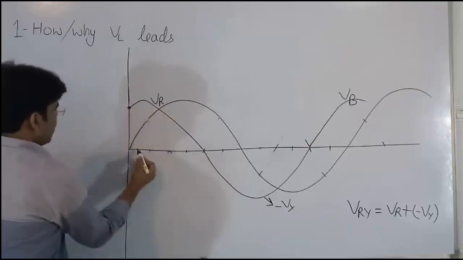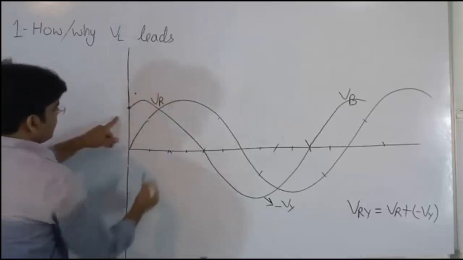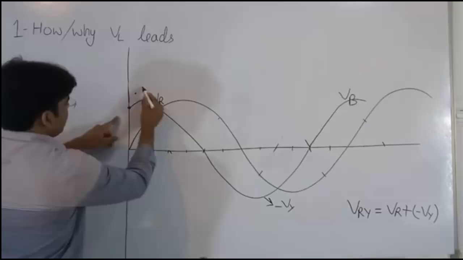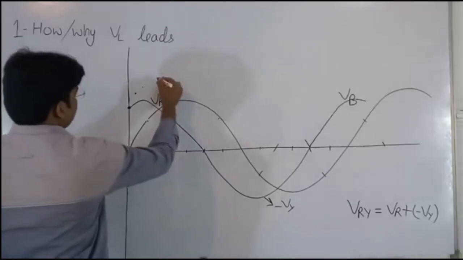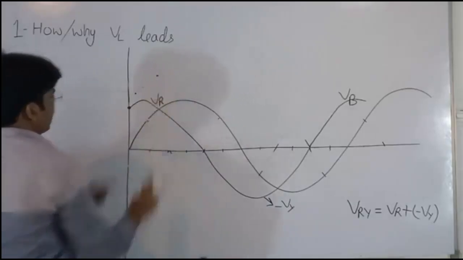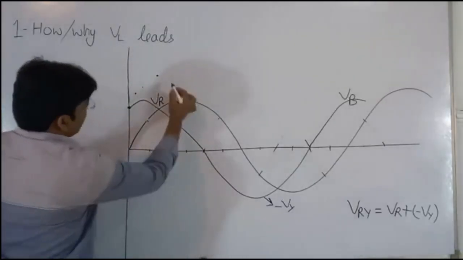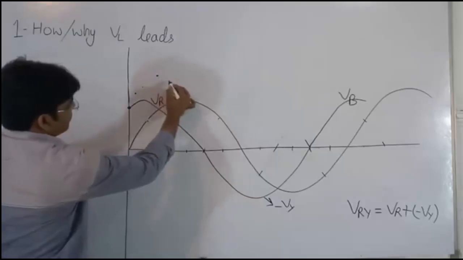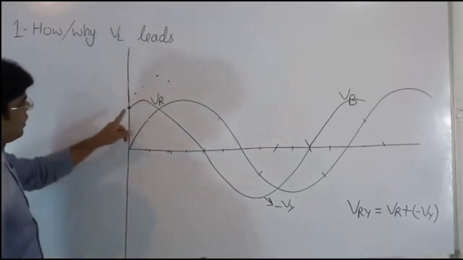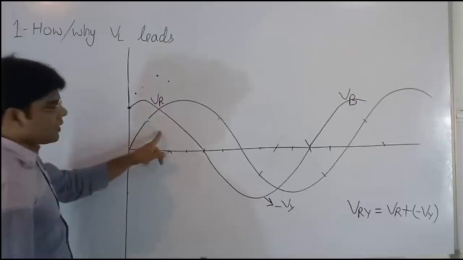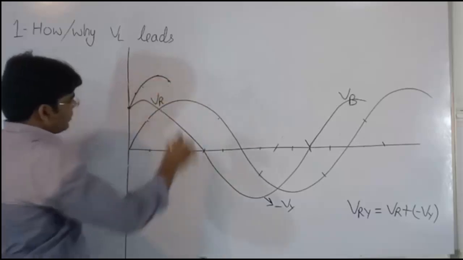Now at this instant VRY will be somewhere here. At this instant VRY will be maximum, and at this instant VRY will be at some lower point, somewhere here. So in this manner we get the waveform of VRY, and it is like this one.